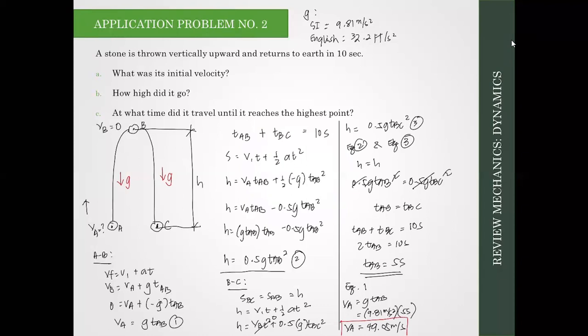Okay, letter B, how high it will go. So ang consider natin is equation 2, kasi height yung pinag-uusapan natin, no? So substitute lang natin. Equation 2: H is equals to 0.5 times 9.81 times 5 squared.